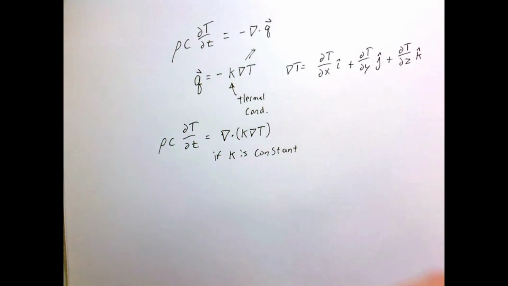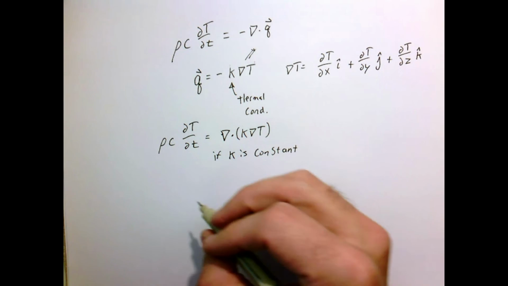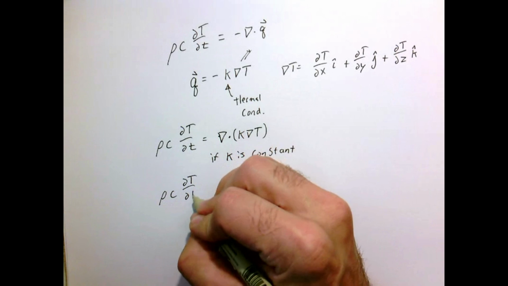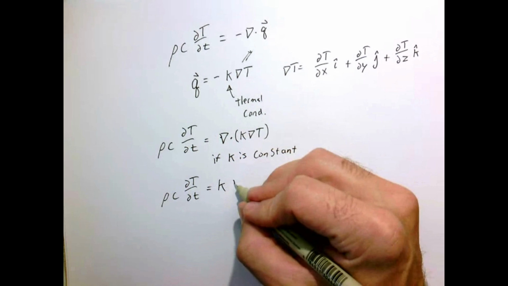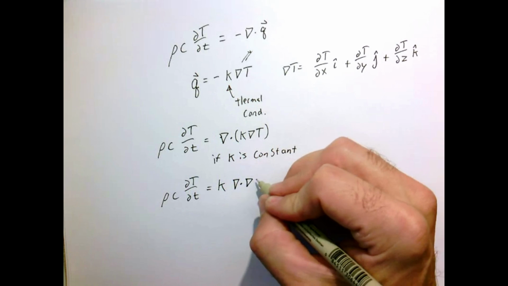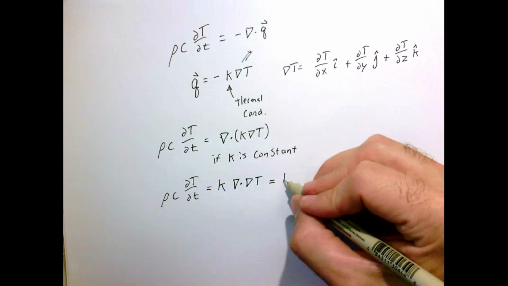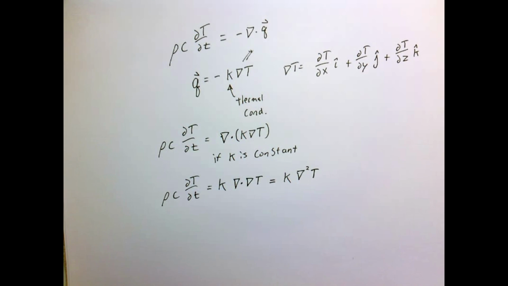If the thermal conductivity is constant, then we can simply pull it outside of these derivative operators, and we can write rho c times the time derivative of the temperature equals the thermal conductivity times the divergence of the gradient of the temperature, which is the same thing as the second derivative, or the Laplacian, of the temperature.